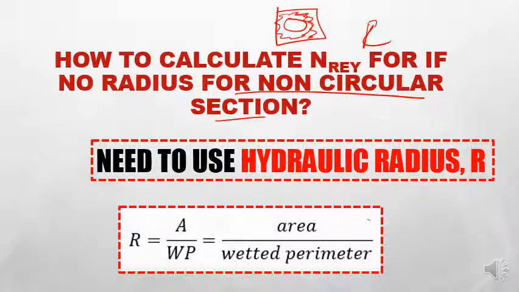All of this depends on the geometric shape of the flow section. I'm going to show you later a few types of shape which we can use in a fluid flow system in the case of a non-circular section.